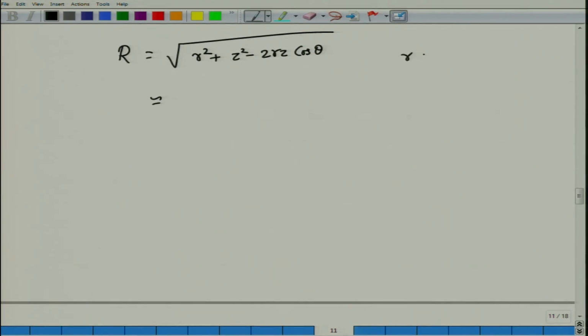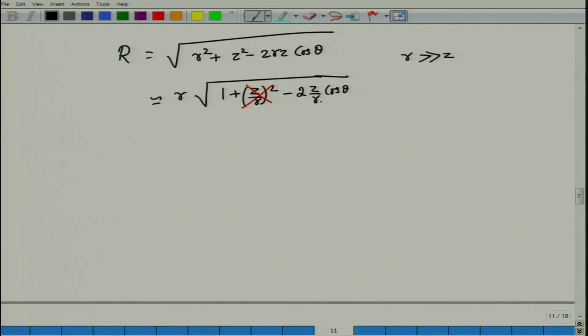Which I can now approximate, assuming that we are so far away from the antenna that r is much larger than z. If I approximate that, then I can pull r squared out of this square root. So, r squared pulled out makes it r times the square root of 1 plus z by r whole squared, which I will remove because it is a small quantity, second order, minus 2 z by r cos theta.